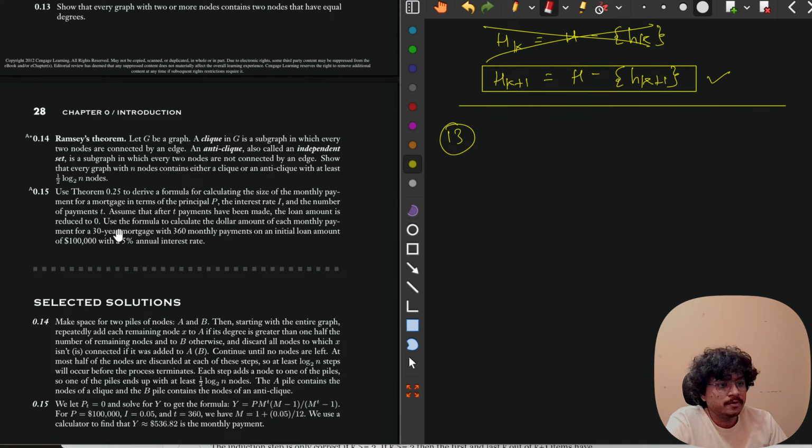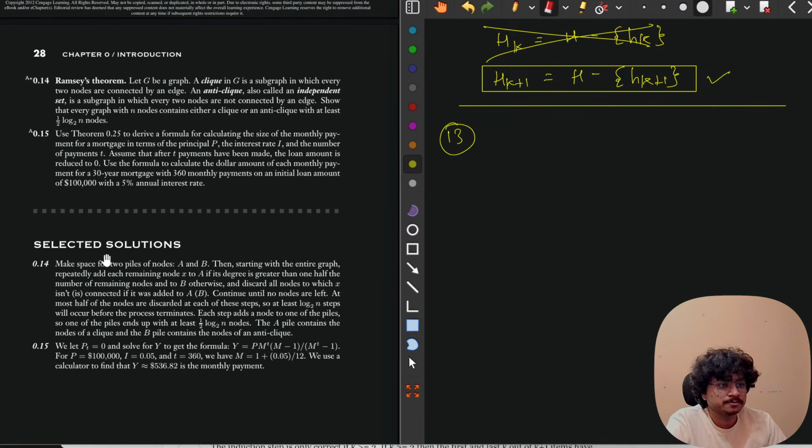Use the formula to calculate the dollar amount of each monthly payment for a 30-year mortgage with 360 monthly payments on an initial loan amount of $100,000 with a 5% annual interest rate.